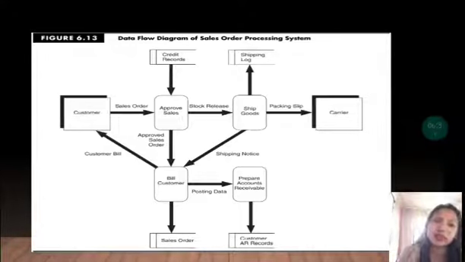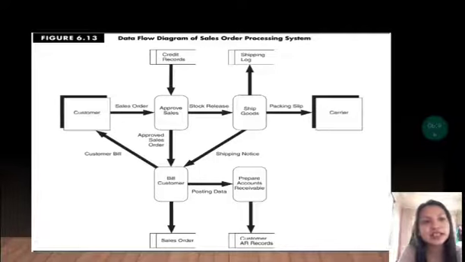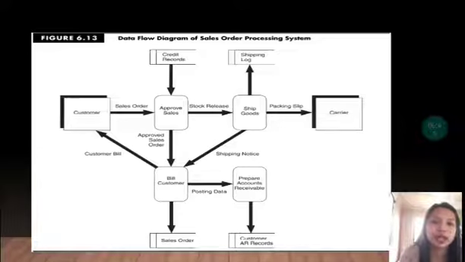Next would be the labeled arrows. So we have sales order, stock release, packing slip, customer bill, approved sales order, shipping notice, posting data. Like I've said earlier about the labeled arrows, there shouldn't be the same label attached to two different flow lines, like the sales order there. So, the sales order goes from the customer to approve sales, we have a labeled sales order.